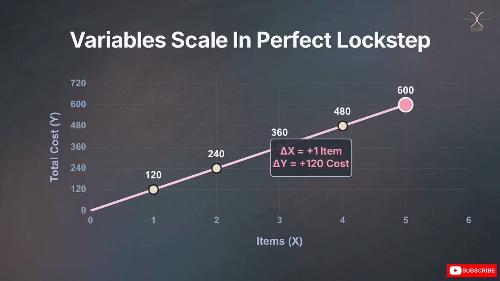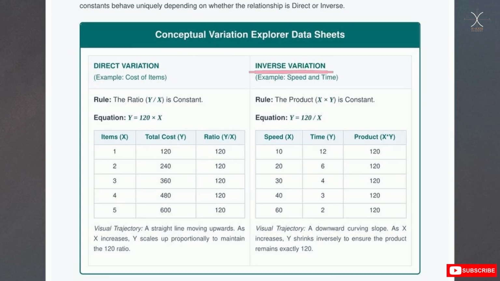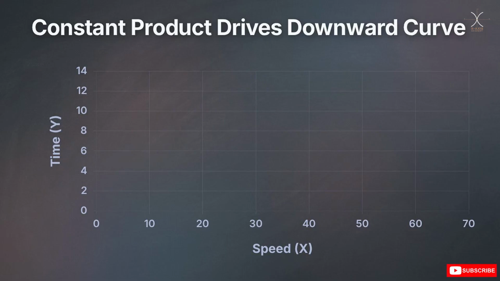Now compare that to inverse variation on the right. Here, the rule flips. It's the mathematical product, the speed multiplied by the time, that acts as the unbreakable constant, maintaining that rigid 120 even as the individual numbers fluctuate. Translating this inverse product into geometry gives us a completely different shape.